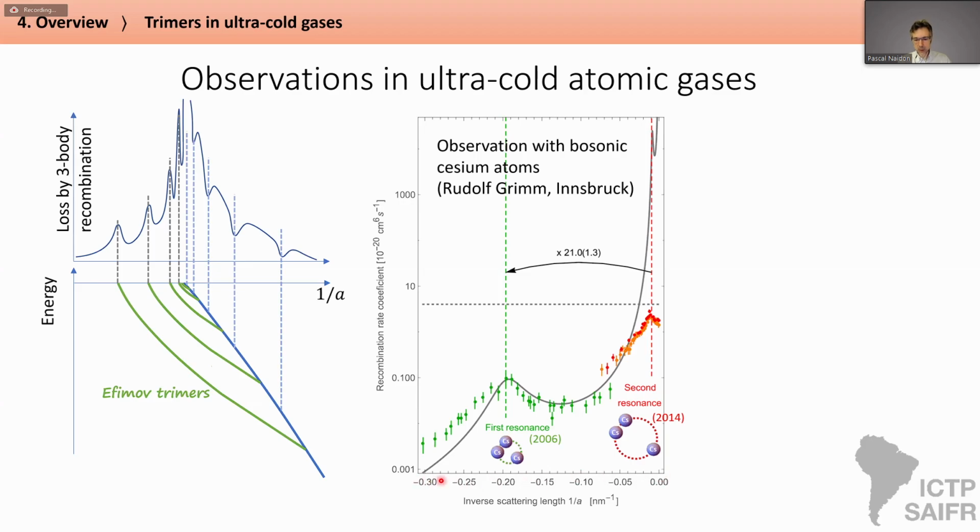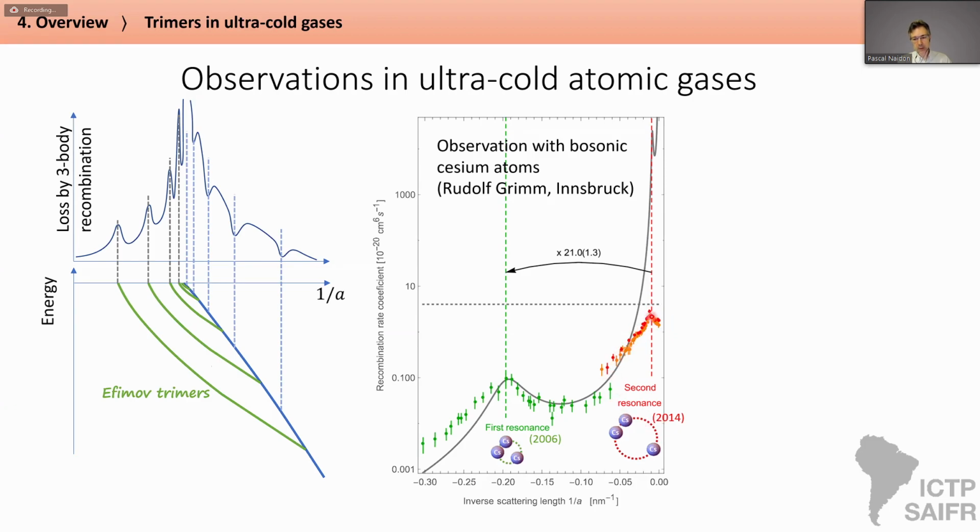Again, this is changed by changing the value of the applied magnetic field. They could observe, around 2006, a first resonance that is associated to the first trimer here. And then some years later, in 2014, this was much more difficult to observe.